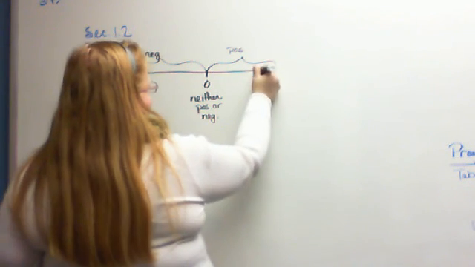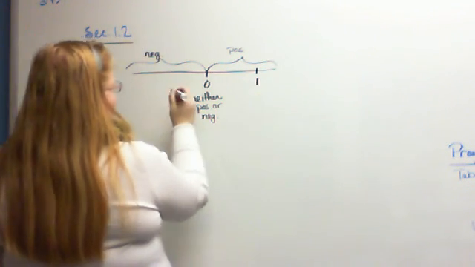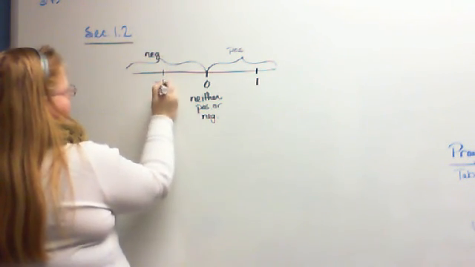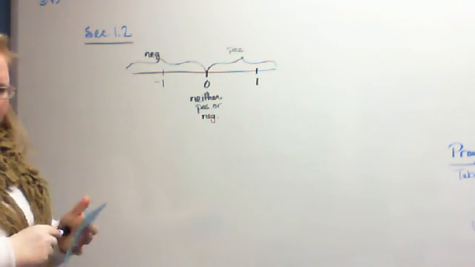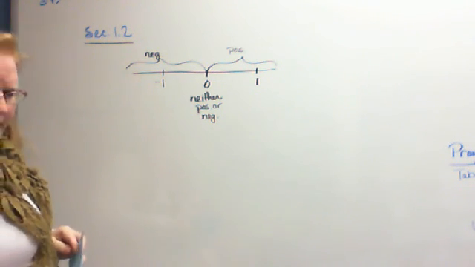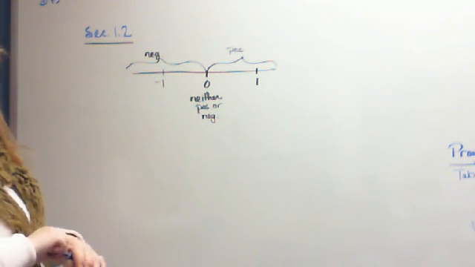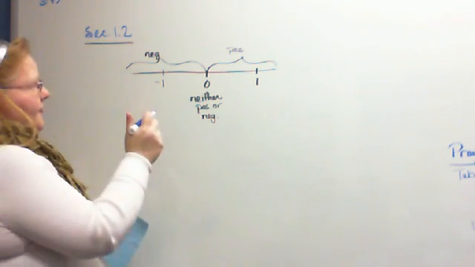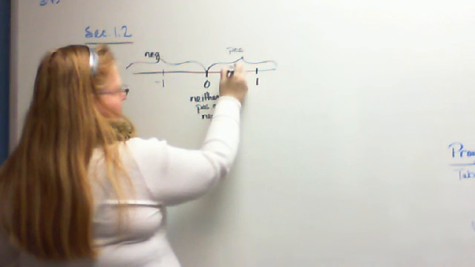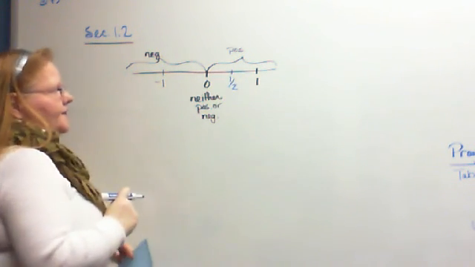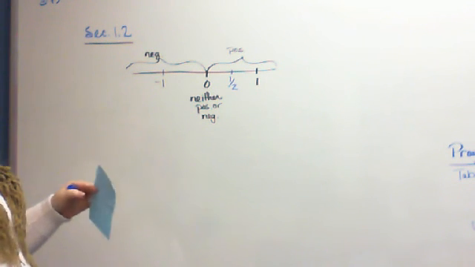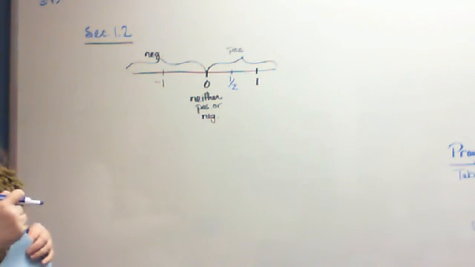So if I have 1 over here, and I have negative 1 over here, where is 1/2 going to be? Well, 1/2 is located halfway in between, because we know 1/2 is positive. So 1/2 is located there. Where would negative 1 and 1/2 be?